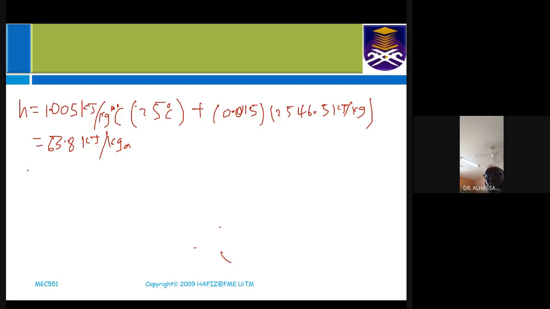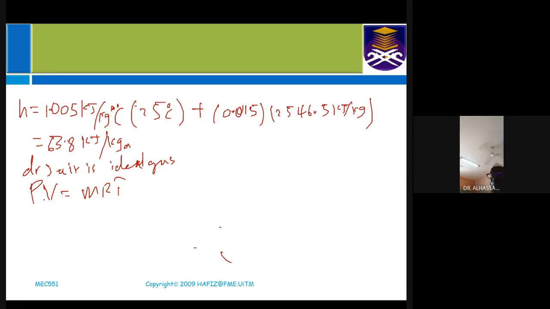dry air is an ideal gas. So it implies that PV equals mRT for an ideal gas.